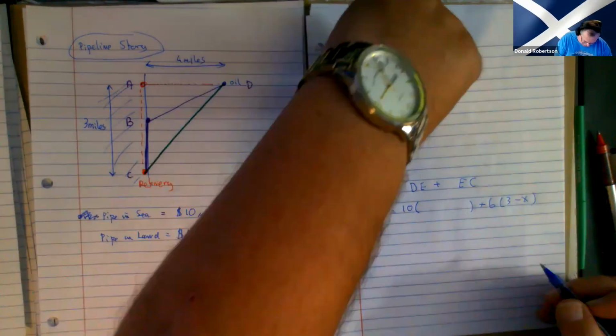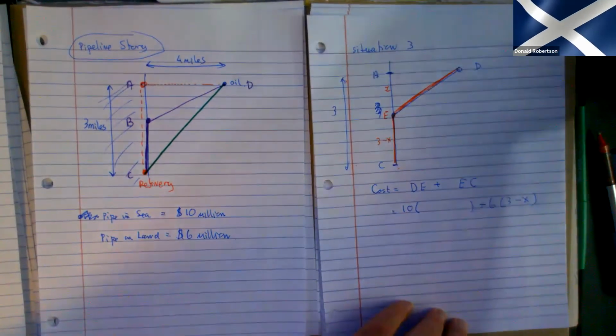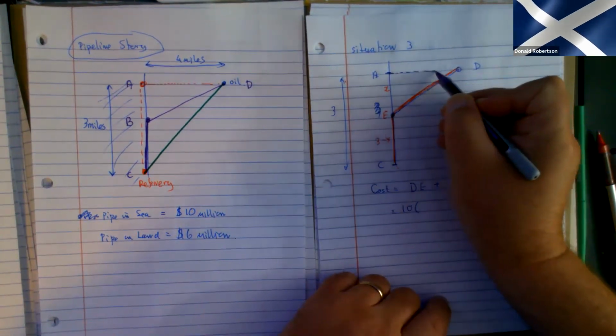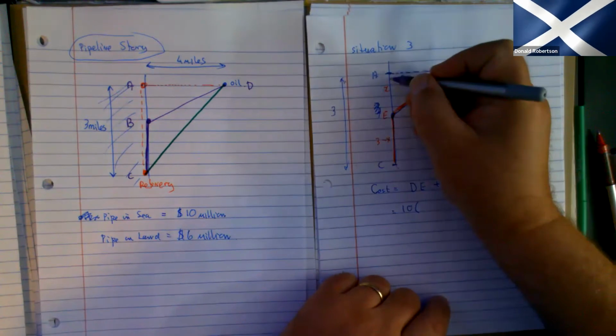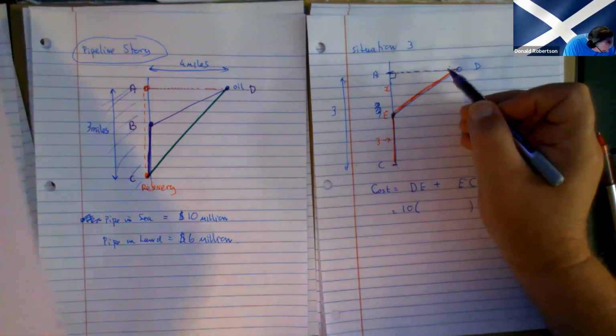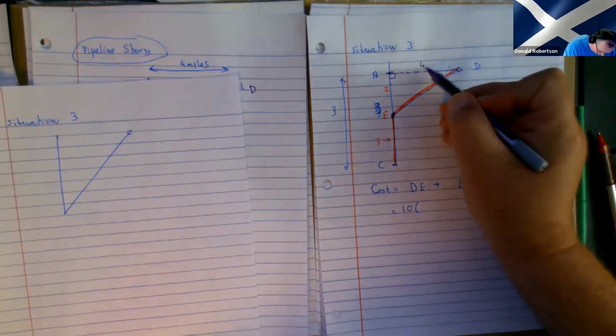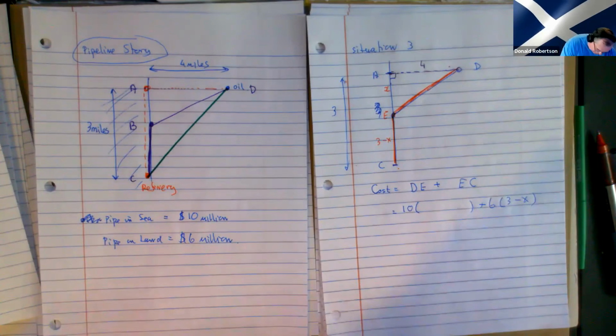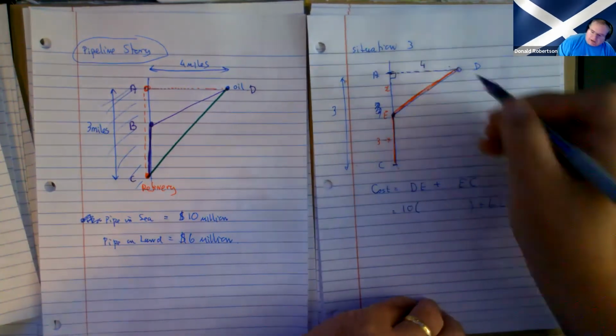So what I'm now going to have to do is build a little right angle triangle. I know that distance, it's in our story, it's 4 miles. I know that distance is x. So shouldn't I be able to get E to D?